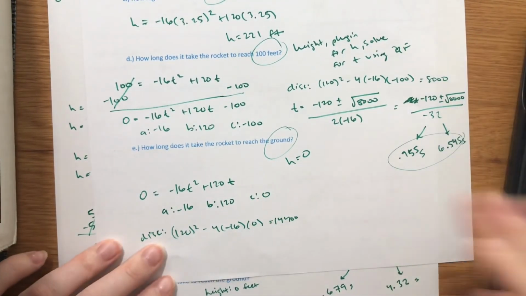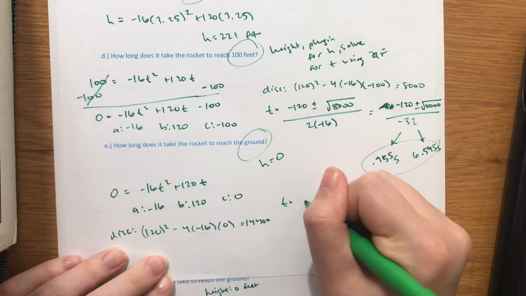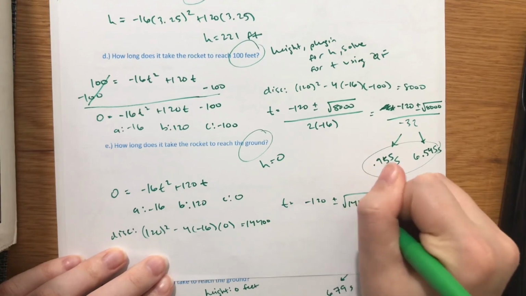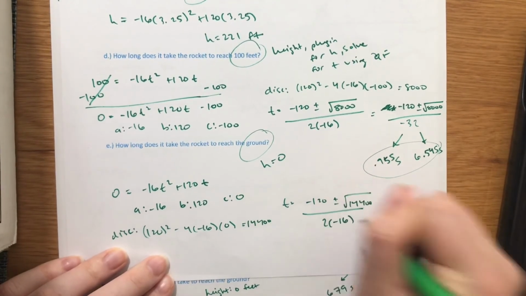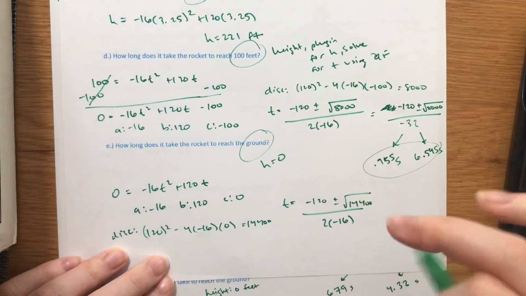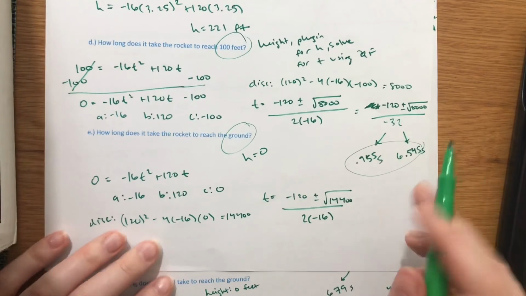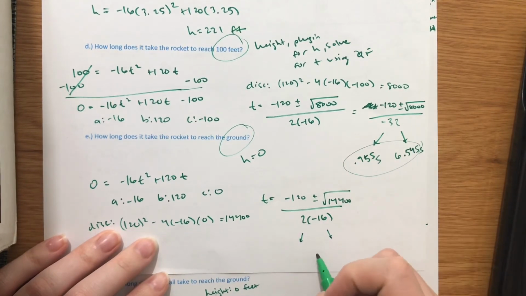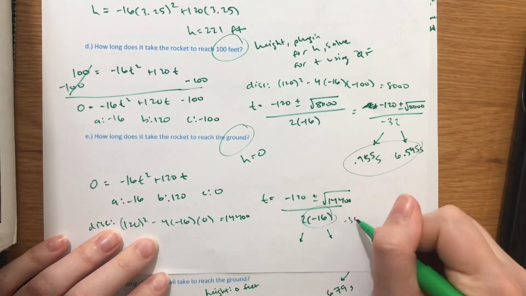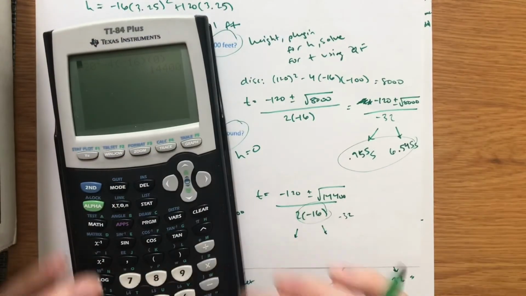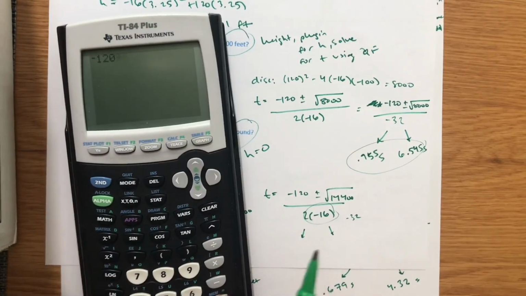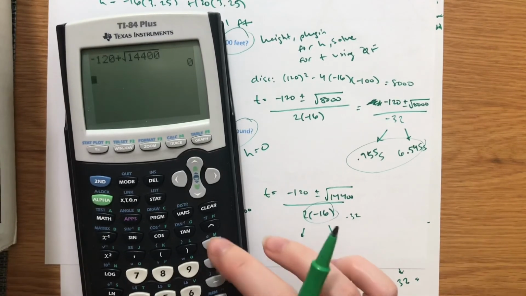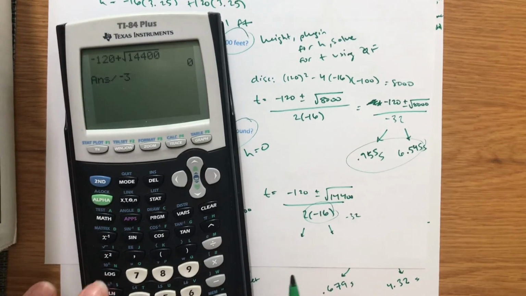So plugging into the quadratic formula, t equals negative b plus or minus the square root of 14,400 all over 2 times negative 16. So we'll plug in, find both. This is negative 32. Negative 120 plus the square root of 14,400 divided by negative 32 is 0.